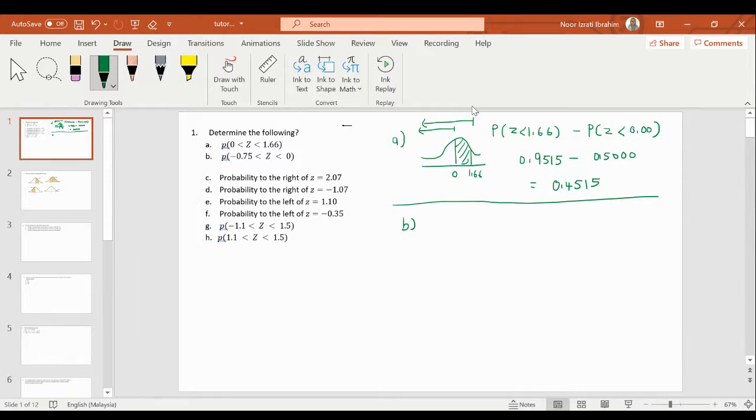For B, we want to find probability where the Z is between negative 0.75 and 0. So the shaded region is this area. And to find this area, it will be equal to probability Z less than 0.00 minus probability Z less than negative 0.75.